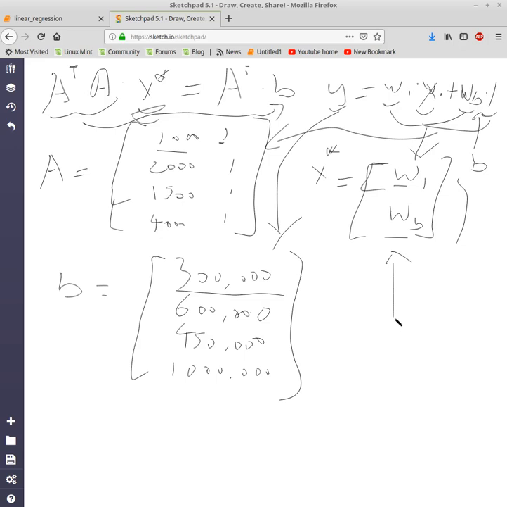In neural networks, they will initialize the weights using a precise formula like Xavier weight initialization or something else. But here we're just going to set the weights to all zeros. So W1 equals 0, WB equals 0 to start with. And that works just fine for linear regression.